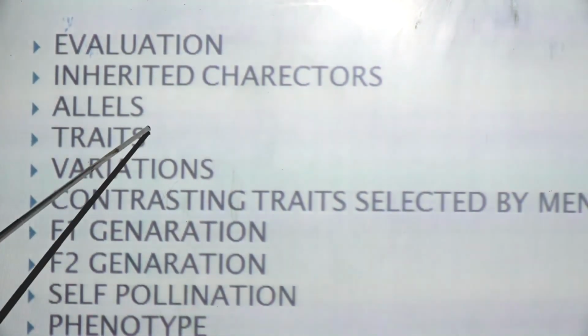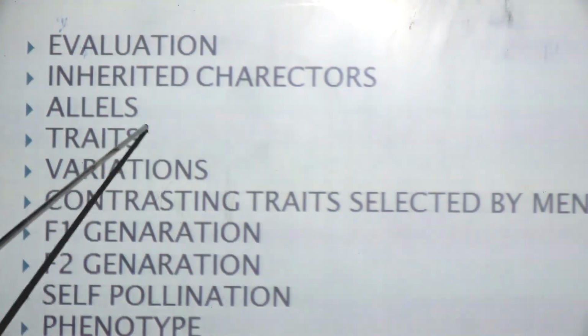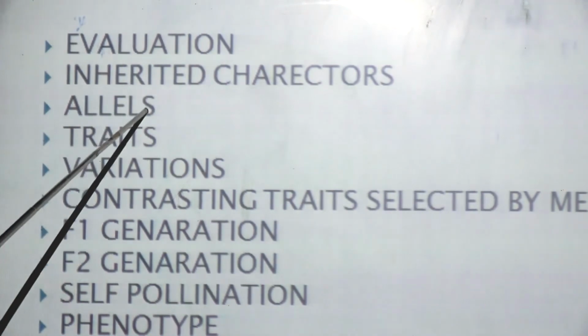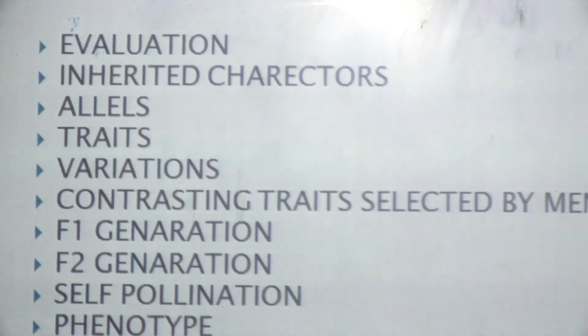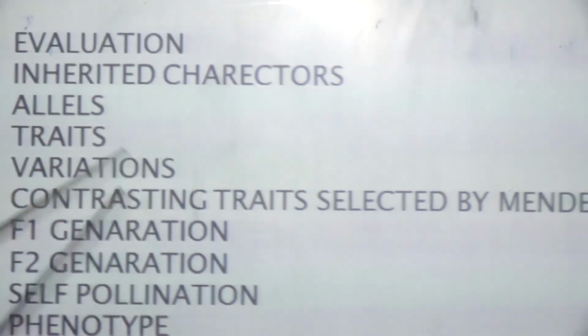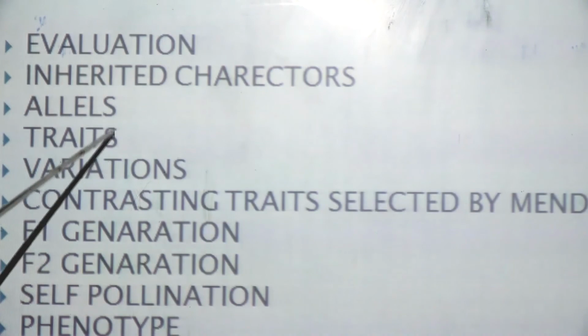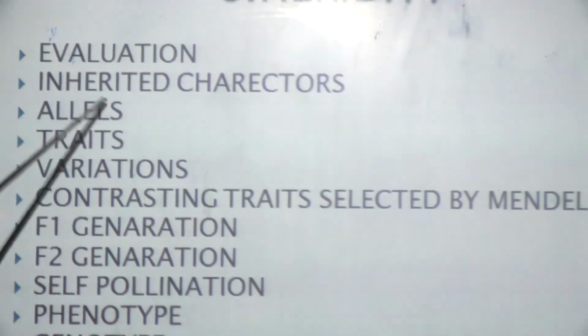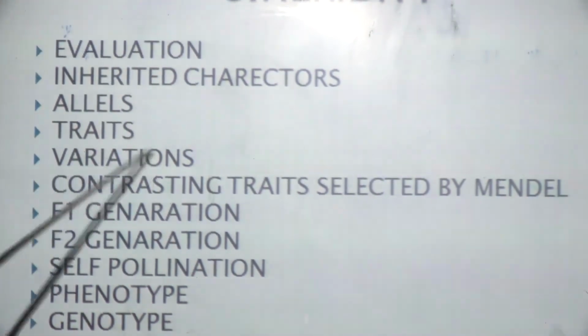Let me explain. Tall, dwarf: these 2 characters are together called alleles. Then what is the trait for these 2? Length of the organism. So length or height of the organism is called a trait. Under that particular one there are a pair of contrasting characters. They are called alleles.